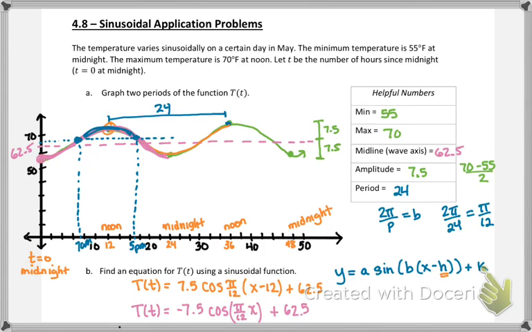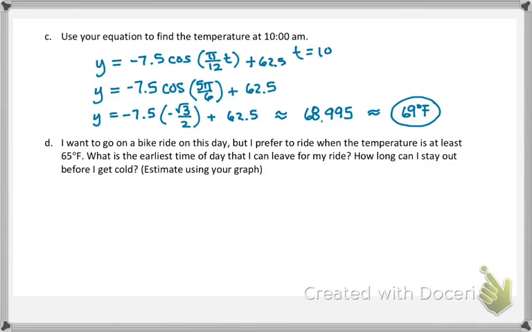So just looking at your graph and estimating. Okay, so between 7 a.m. and 5 p.m. is my guess. Between 7 a.m. and 5 p.m. is when the temperature is going to be 65 or above.